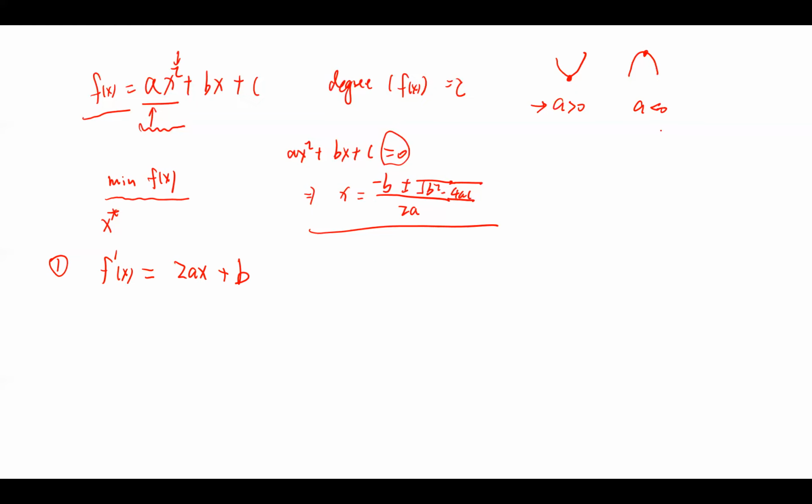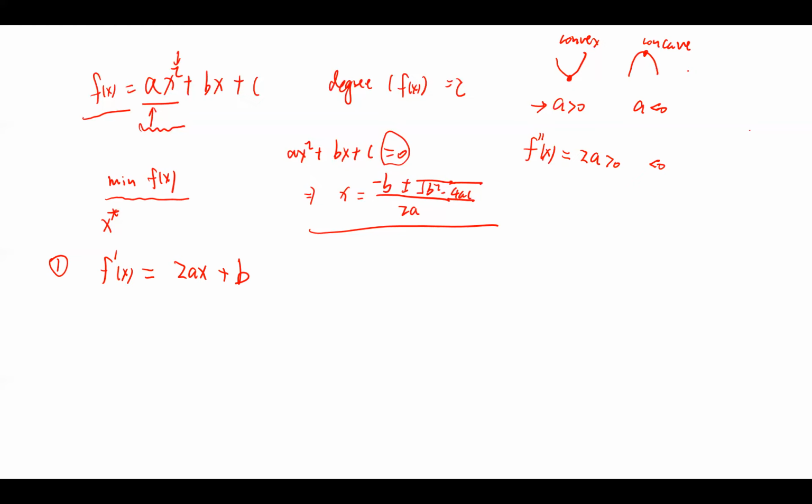The other way to look at it is that we require the second derivative, which in this case is equal to 2a. Depending on the sign of the second derivative, if it's positive, then it means convex, so this gives us a convex function. If it is negative, then this gives us a concave function.